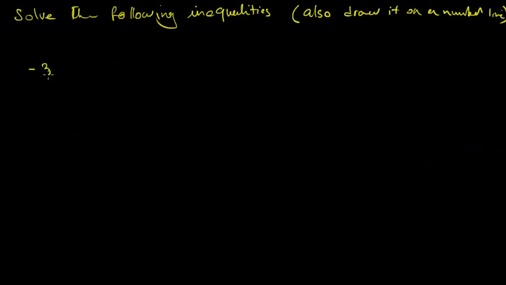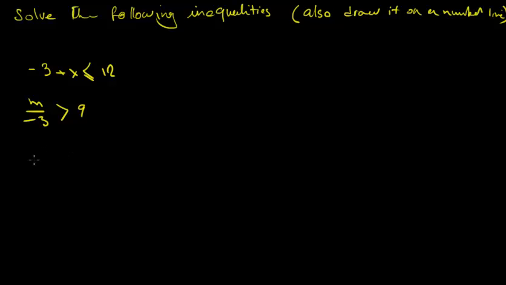Minus 3 plus x less than 12. m over minus 3 is less than 9. These are, as you know, one-step inequalities. And let's move on to multi-step inequalities.